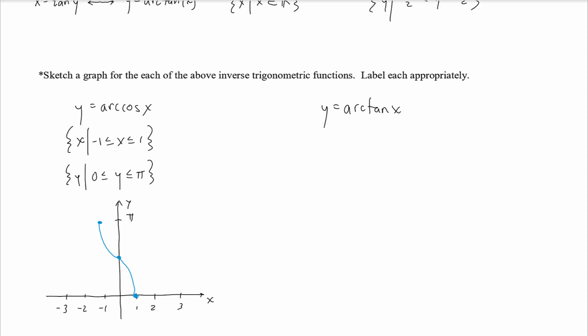All our coordinates are there. So we got this and this. All right, so that's y equals inverse cosine. Let's see, for tangent, you're allowed to plug in any x you want.